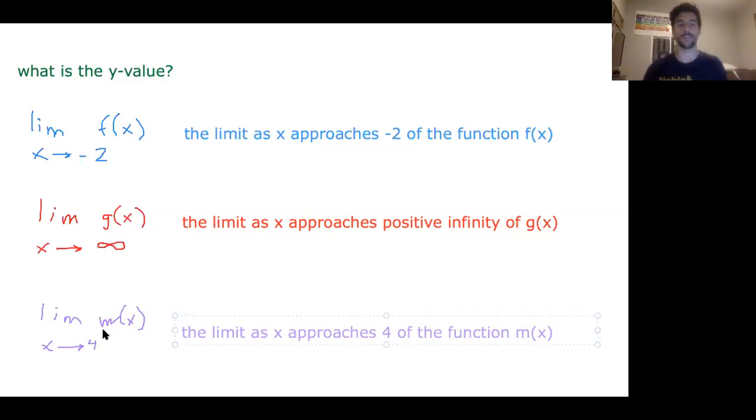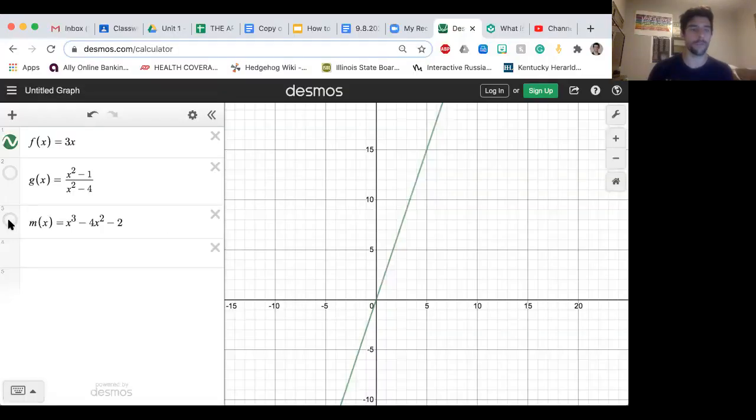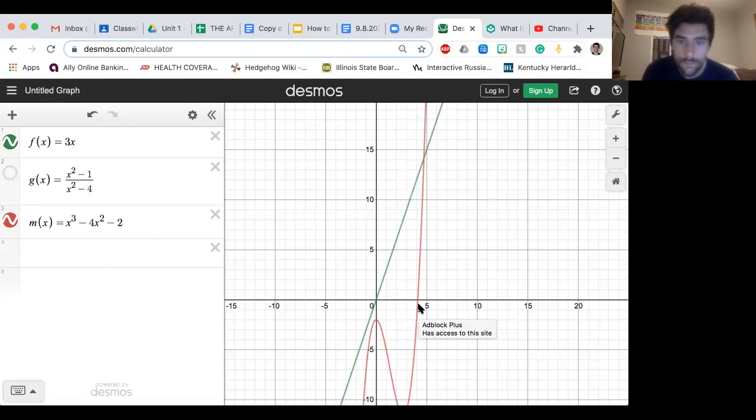I'm going to analyze this for m of x and g of x real quick, because I'll show you where function notation kind of fails us, but how limit notation is actually really cool and helpful. So here's m of x, I wrote a random function for it. We're being asked, what is the y value as we approach 4? The way we would analyze this with limit calculation is we first identify where x equals 4.